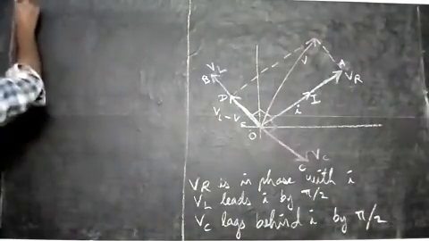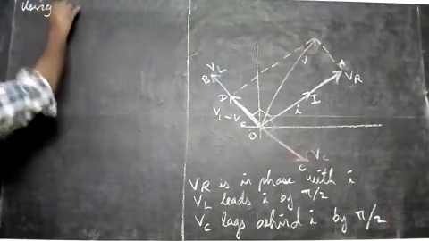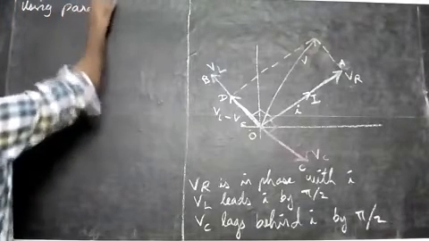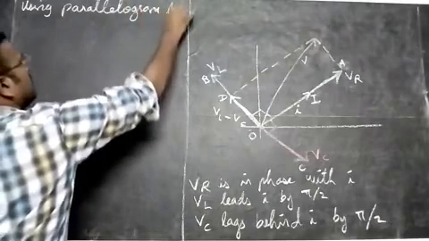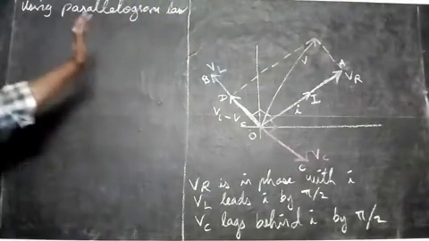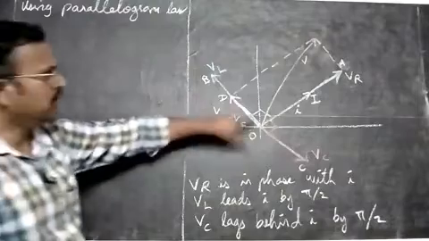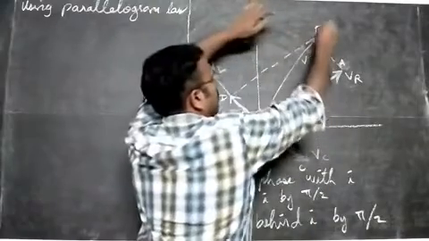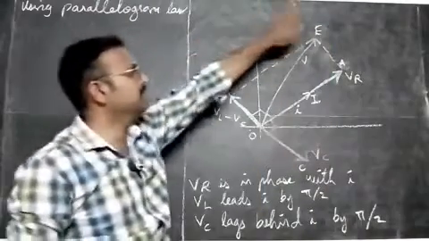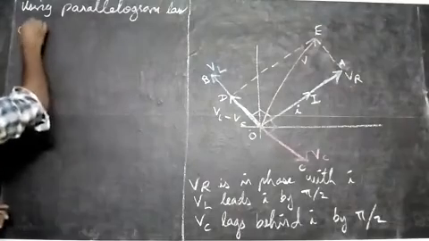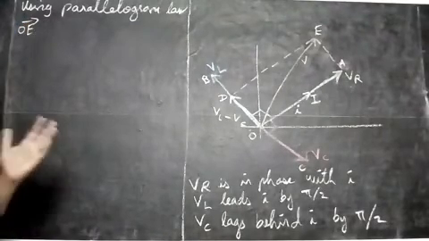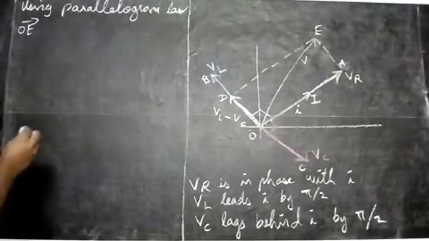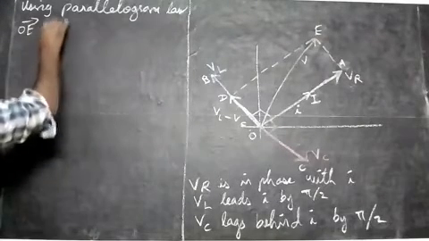Let me write down. Using the parallelogram law, what happens here? There is O, and this point will be named E. We marked D before, and this point will be marked E. Using the parallelogram law, the OE vector gives us the resultant voltage.